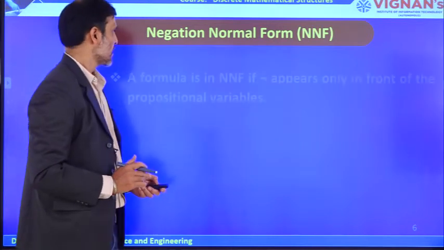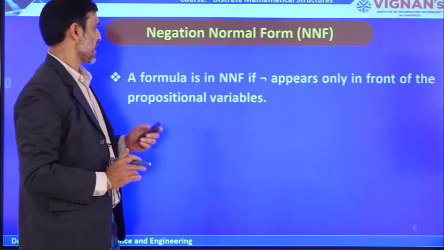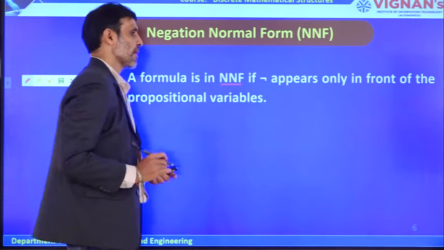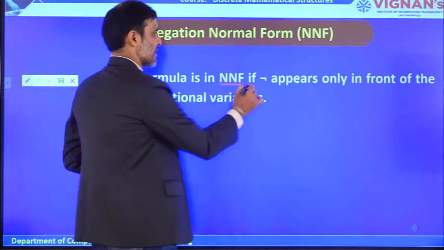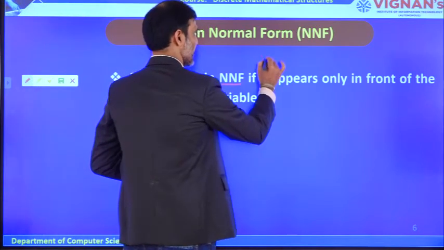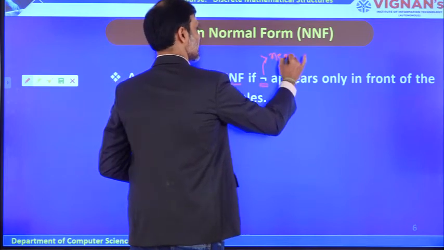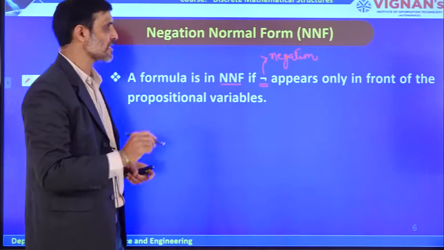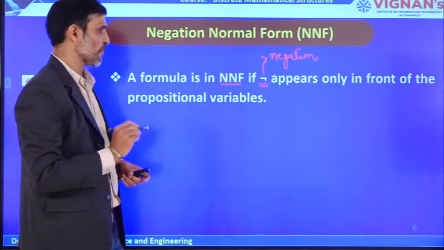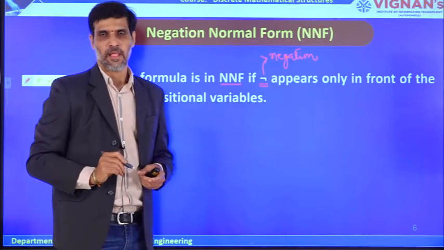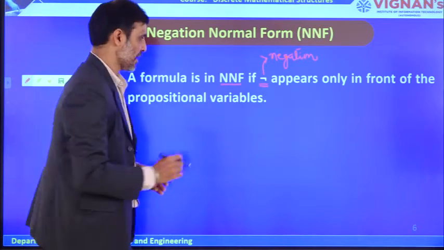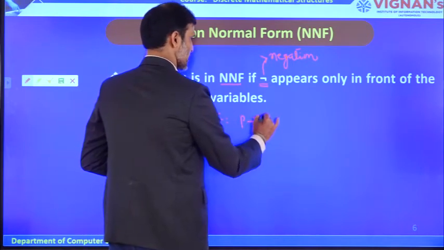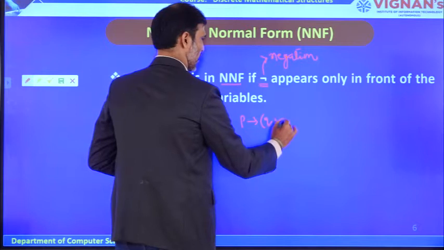A formula is in negation normal form if the negation symbol appears only in front of propositional variables. For example, take a formula F: P implies Q or R.